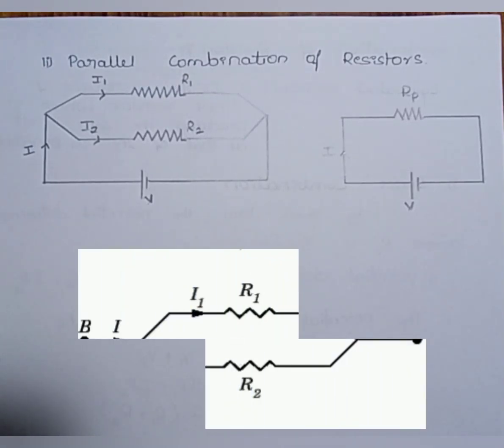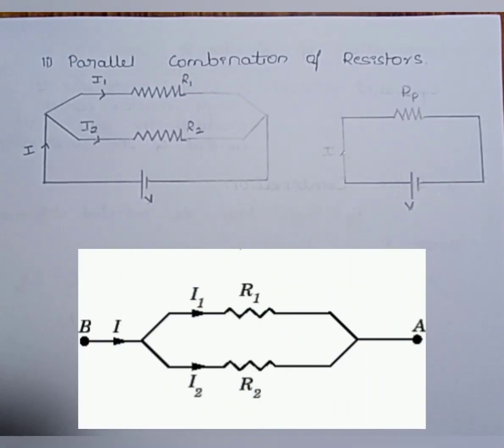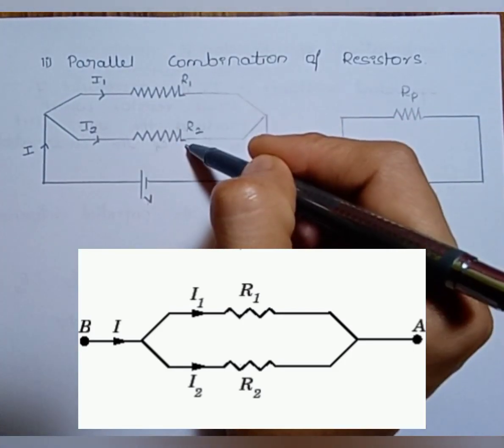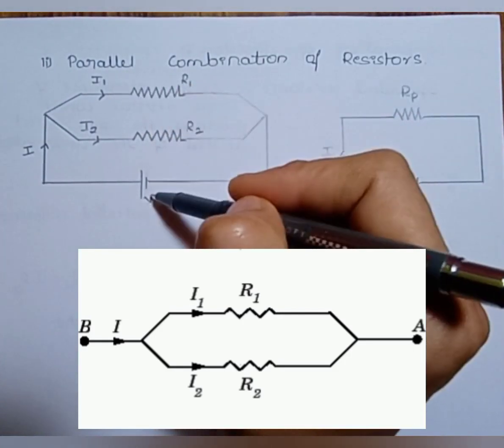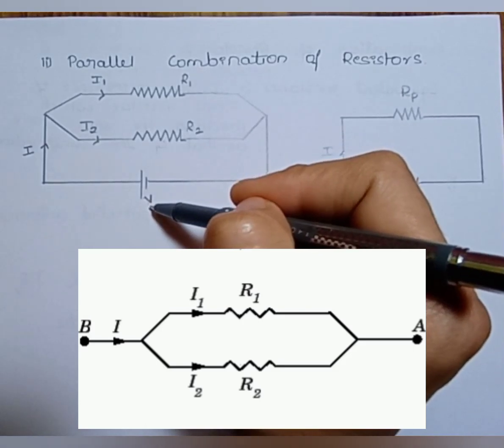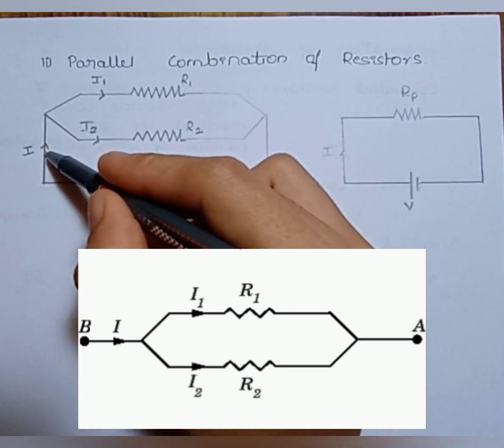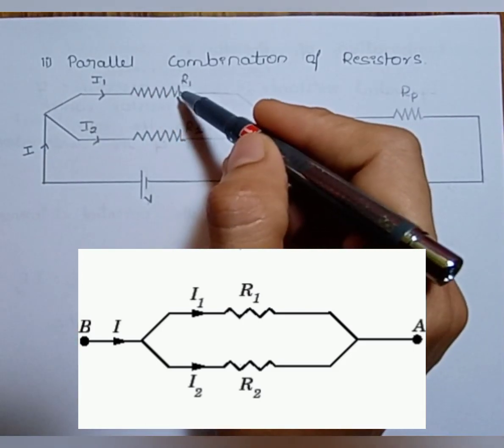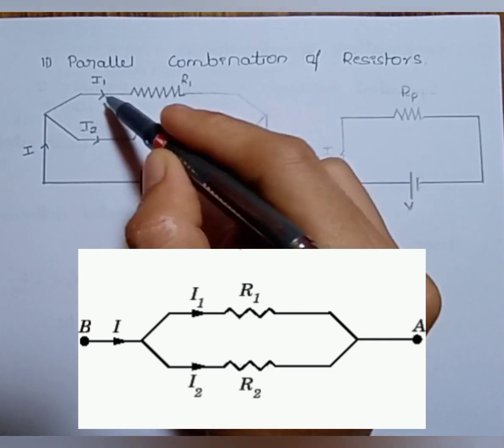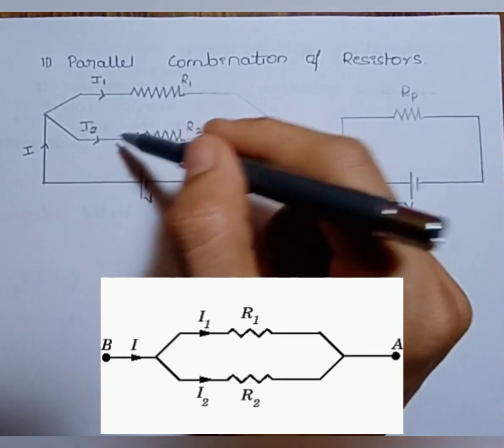Next derivation is the parallel combination of resistors. Two or more resistors are said to be in parallel if one end of all the resistors is joined together and the other end of all the resistors is joined together. Consider two resistors R1 and R2 connected in parallel with the common potential difference V, and I is the current flowing through the combination, with I1 through R1 and I2 through R2.